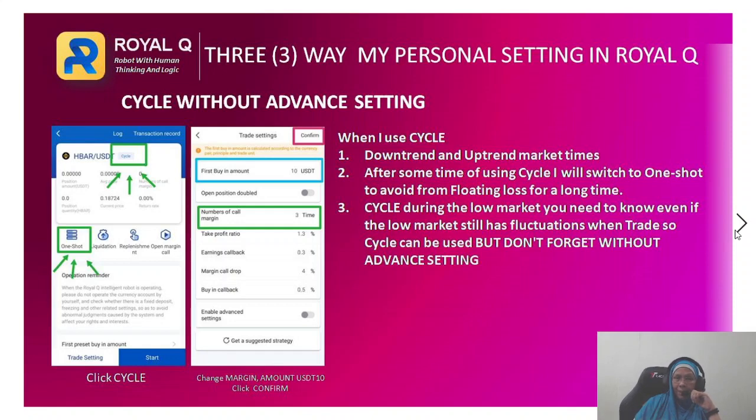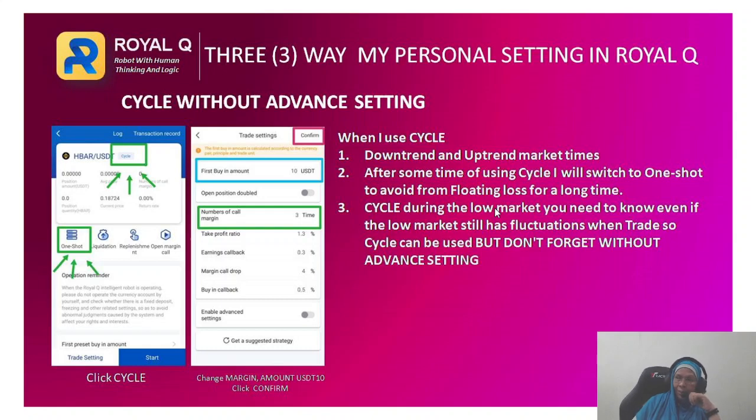So now, cycle without advanced setting. When I use cycle, it is the same for downtrend and uptrend market times, yeah. After some time of using cycle, I will switch to one shot to avoid the floating loss for a long time.